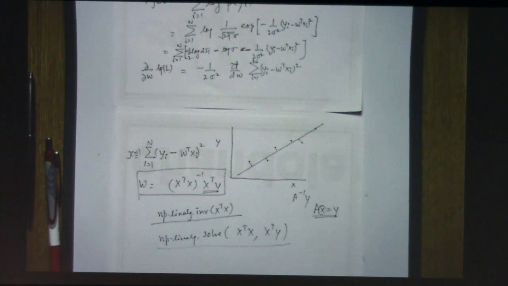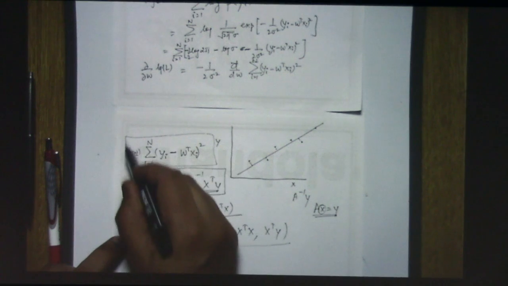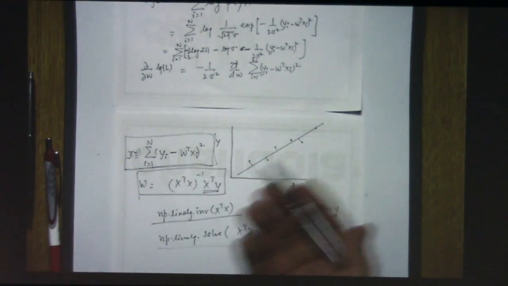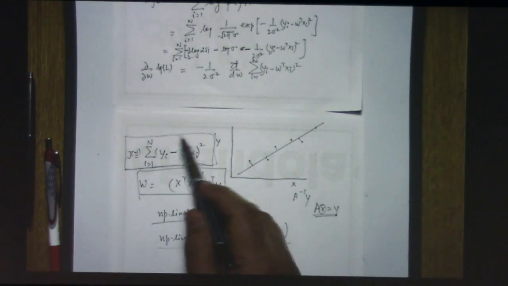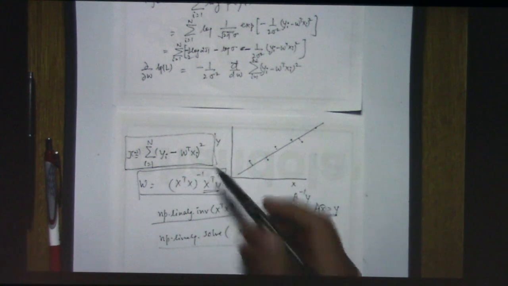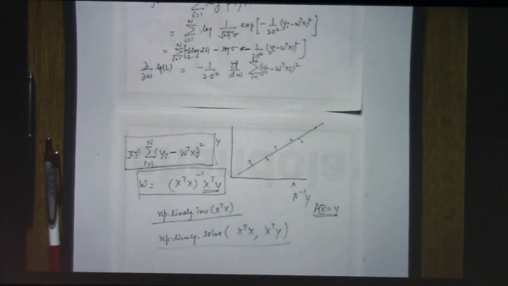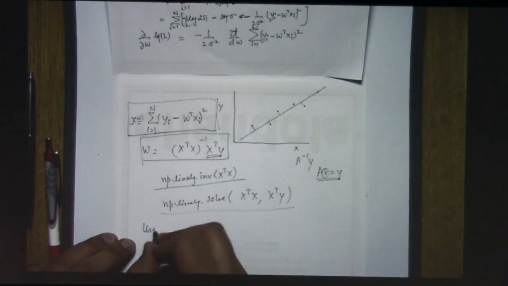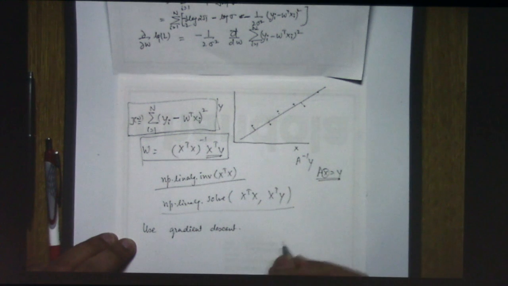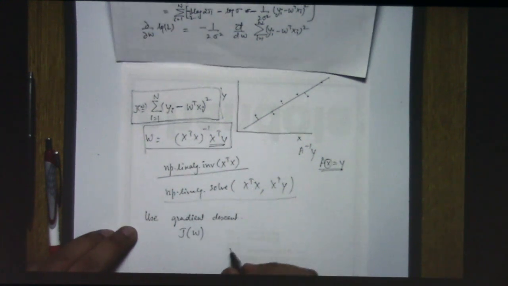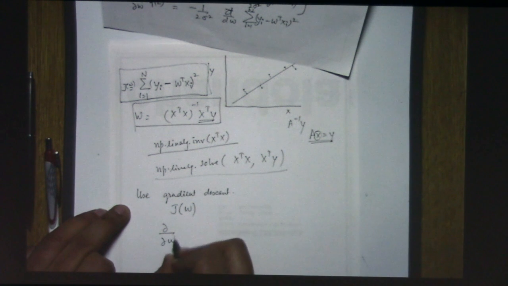So the third option, to address issues like those, is to use something like gradient descent. Because if you look at this, it looks almost like what we did for neural network or perceptron. All you need is an objective function, and it looks convex because there's a square here, and you want to find the optimal values of W. In gradient descent, you would take your J(W) and compute d by dW of J(W).